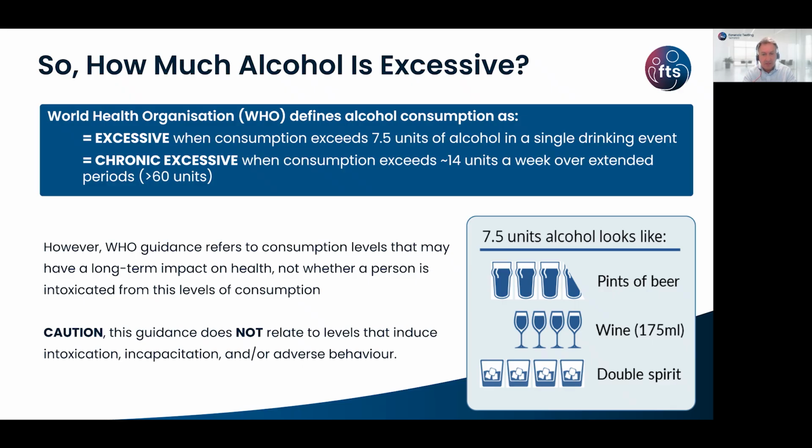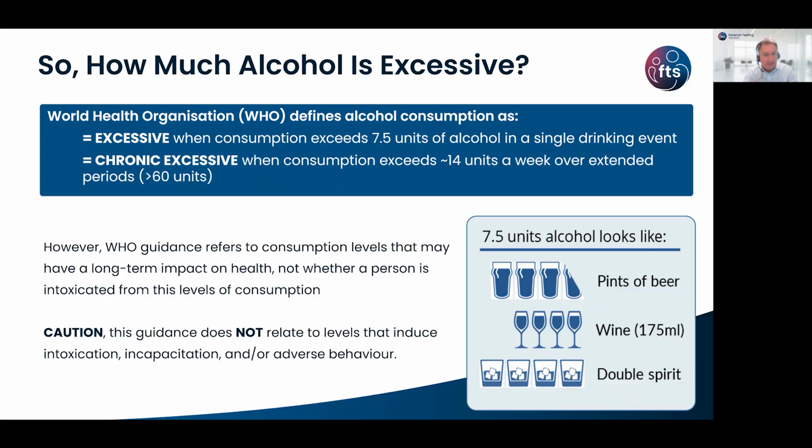So you've got about 3.5 pints of beer, 4 glasses of wine, or 4 glasses of double spirit. So it's not a massive amount. You don't have to be consuming a massive amount of alcohol for the World Health Organization to define it as excessive.